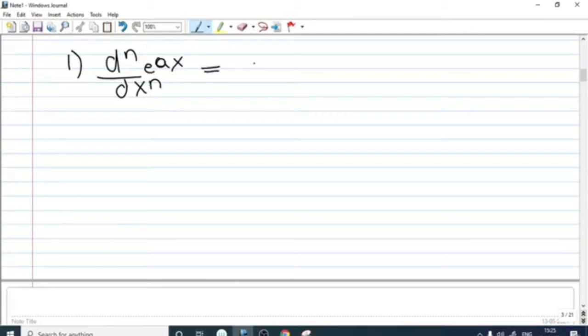Its derivative is a power n into e power ax. So you just need to remember that the nth derivative of e power ax is a power n e power ax.